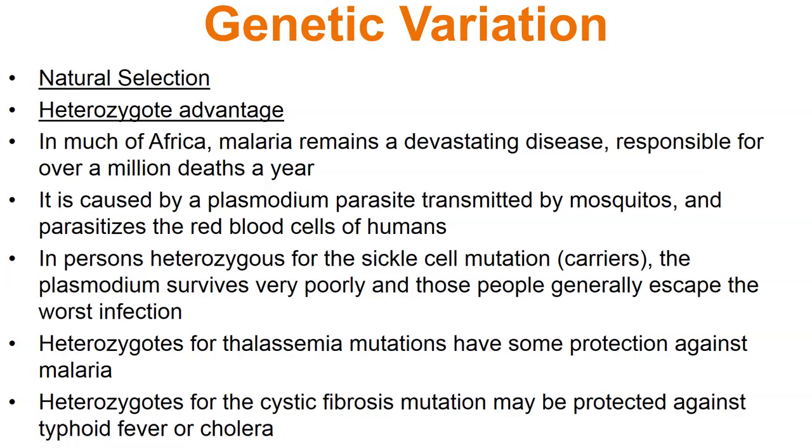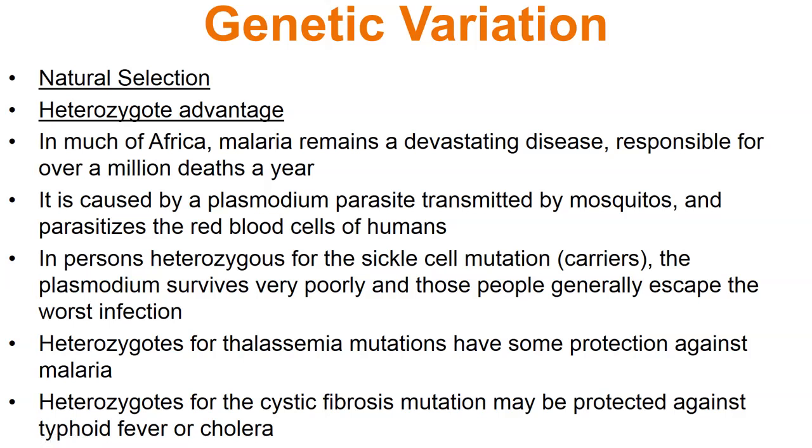There's other thalassemias also offer that same type of protection. That's why the thalassemia mutations are so common. I didn't write it here, but glucose-6-phosphate dehydrogenase deficiency, they're also protected against malaria. And it's thought that cystic fibrosis, this was one, we did the calculations, right?